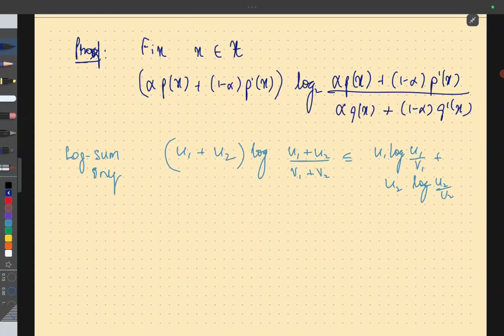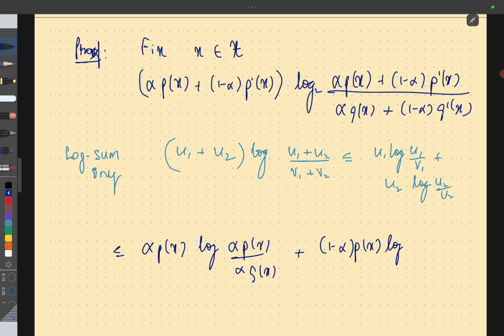So this quantity that I had over here is less than or equal to alpha p of x log (alpha p of x divided by alpha q of x) plus (1 minus alpha) p prime of x log ((1 minus alpha) p prime of x divided by (1 minus alpha) q prime of x).